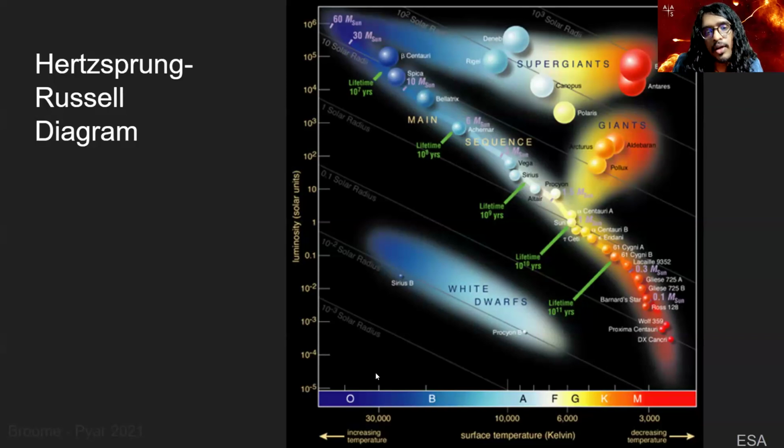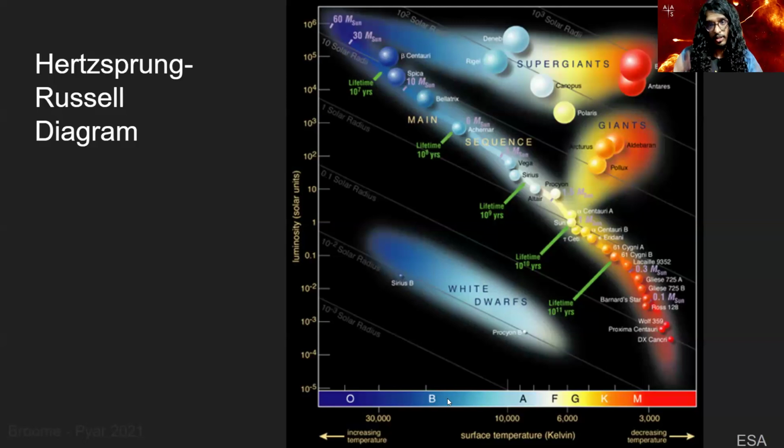And the best way to visualize that is with something called an HR diagram, or Hertzsprung-Russell diagram. Hertzsprung and Russell were two scientists, and they basically proposed this diagram.